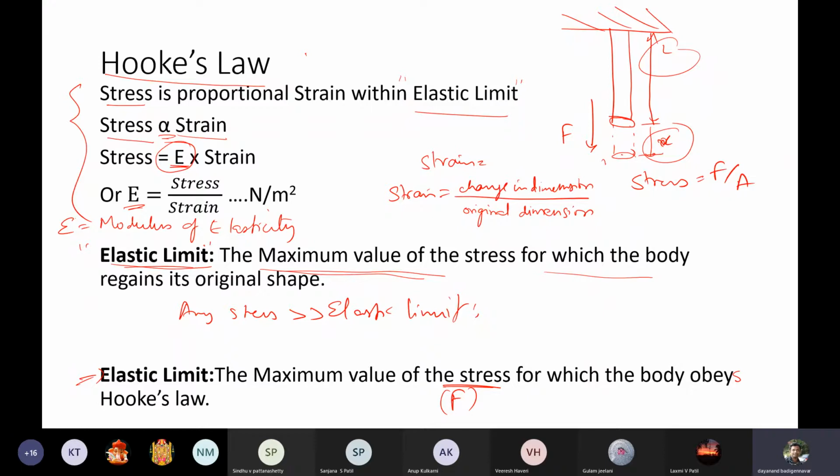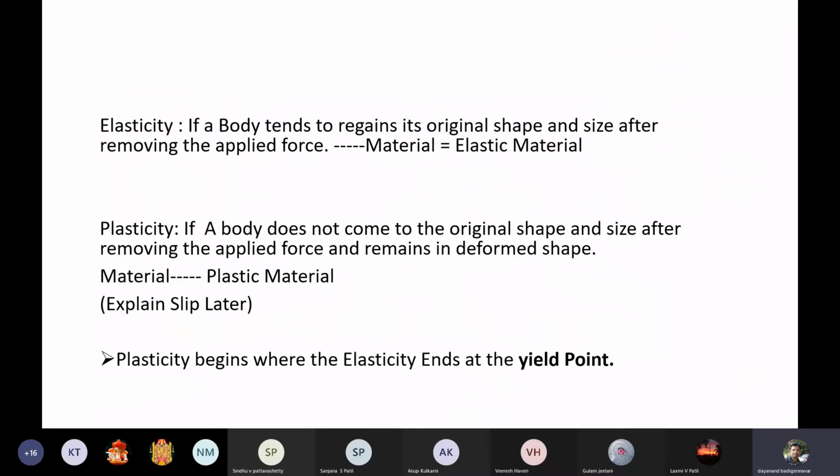Obeying Hooke's law means the stress is directly proportional to strain. So that limit is called the elastic limit. Beyond the elastic limit, it loses its elasticity and becomes plasticity, or a plastic material.